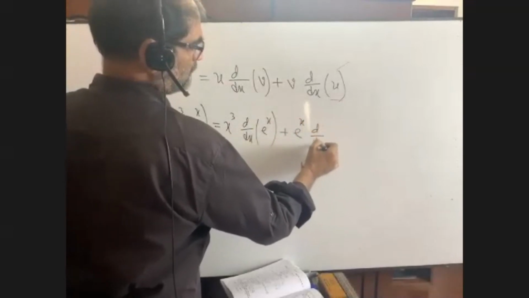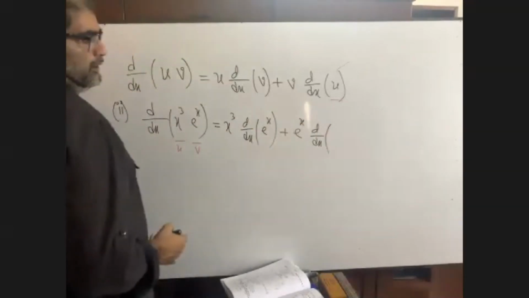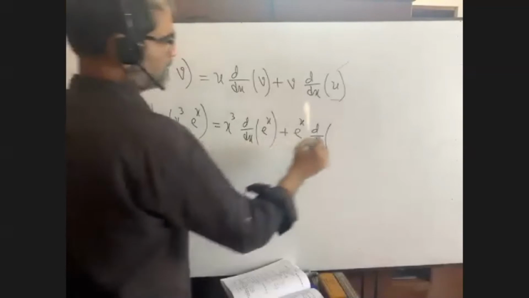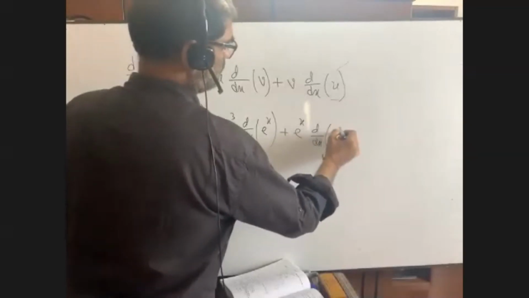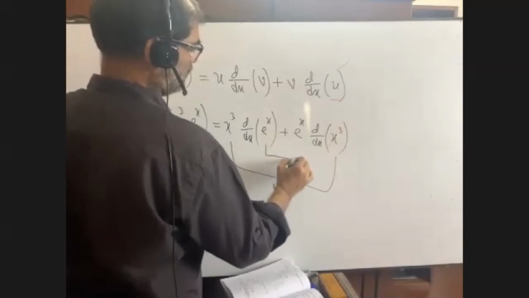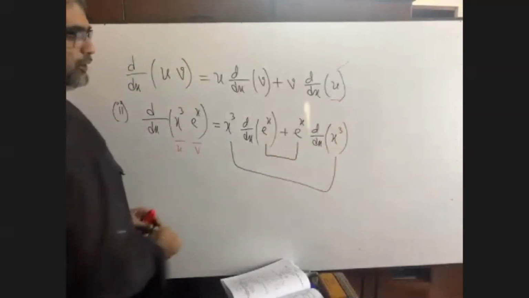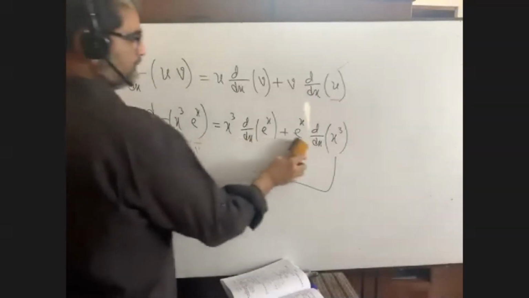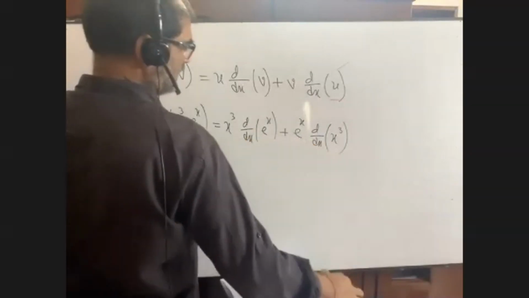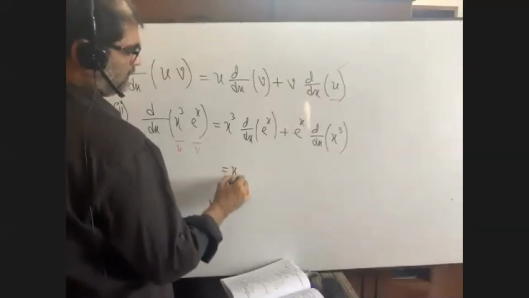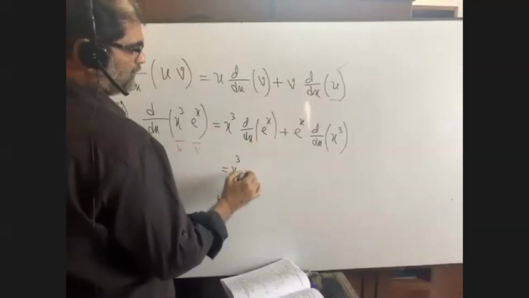d by dx, then u equals to what? x cube. Remember one thing, this will be same, this will be same. Anyway, you calculate it, x cube e to the power x is e to the power x.